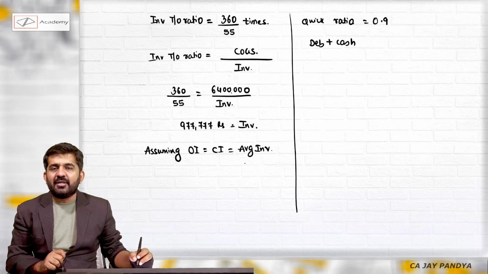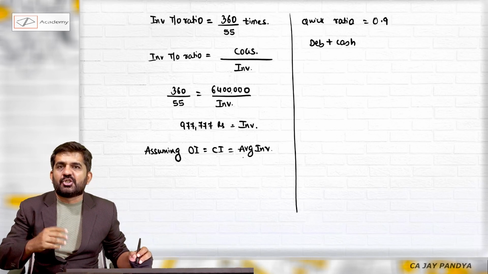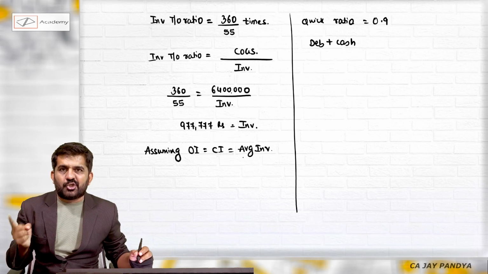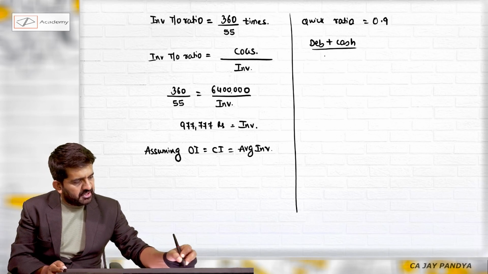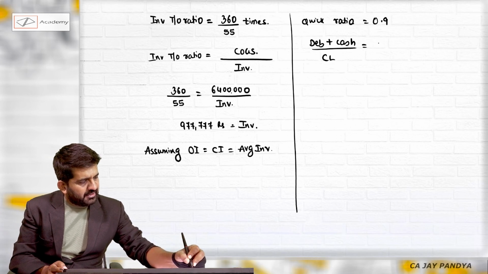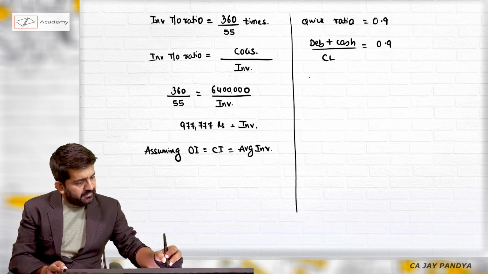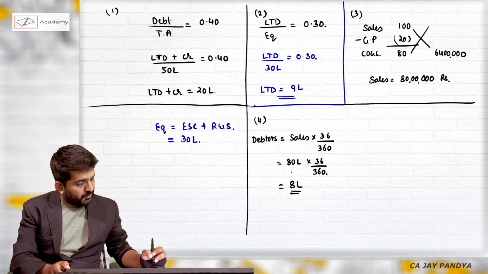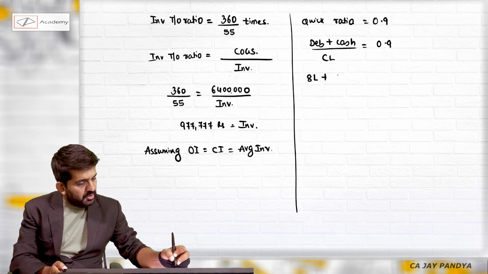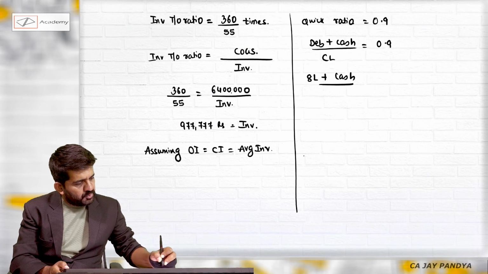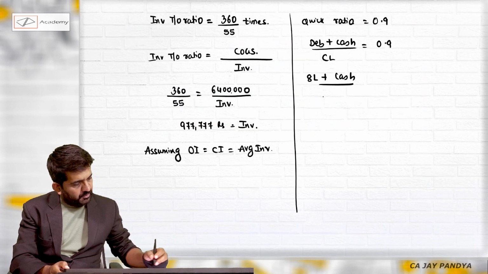What I have done? Current assets minus stock. Current asset is stock plus debtors plus cash, minus stock is equal to debtors plus cash, upon current liability. Here there is only creditors, 0.9. Debtors figure we know, 8 lakh rupees, plus cash. So cash we will easily be able to find out.